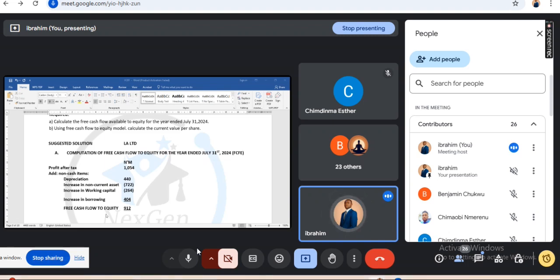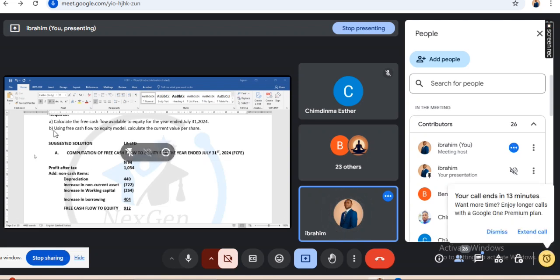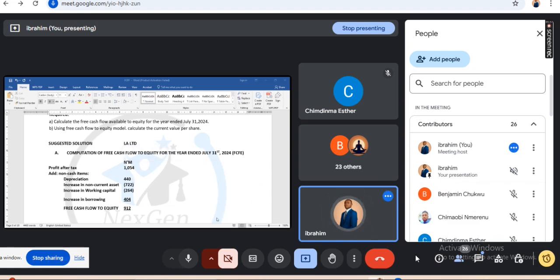Okay, I'm back. So it is what it is, right? Using the free cash flow to equity model, calculate the current value. Class, I've said it several times: why free cash flow first? Free cash flow is a form of valuation of a business.